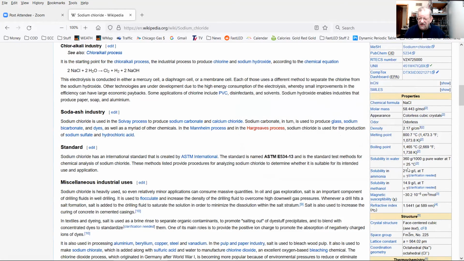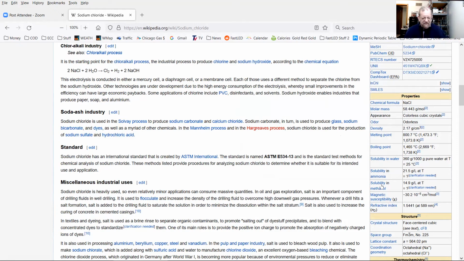At 25 degrees Celsius, the maximum amount of sodium chloride, table salt, you can put in 1,000 grams of pure water, I guess don't try it with impure water, is 360 grams. You can't put one more molecule than 360. If you do, it won't be soluble and it will sink to the ground.